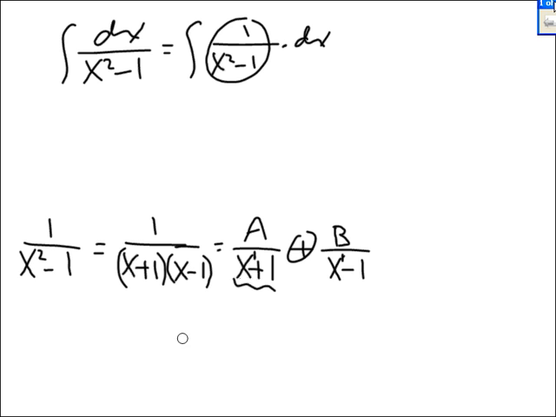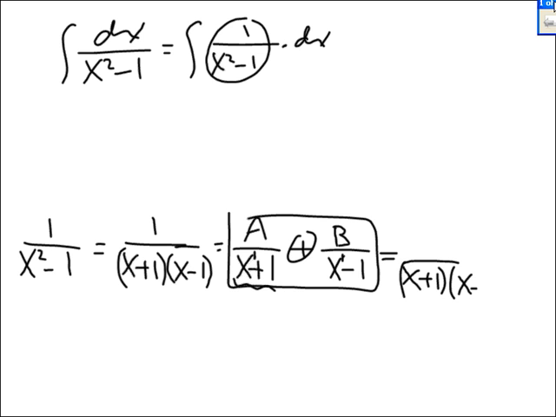I can integrate it that way. But I can't do it just yet, only because I don't know what a and b are. So now we take what we have here, and as though we're going to come back to it, we want to get the same denominator now. We want to get a common denominator. X plus 1 times x minus 1. Well, in order to do that, I need to multiply the left fraction by 1. I want to change the way it looks.